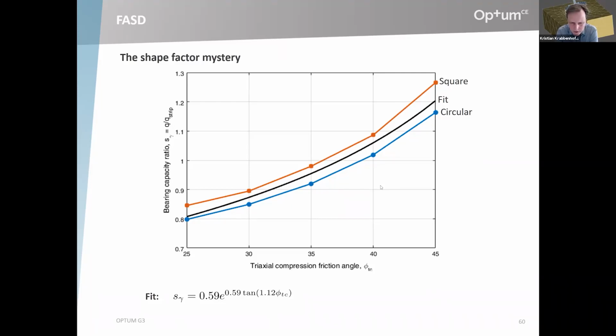The problem with that, of course, is that the Mohr-Coulomb criterion was used. So the Mohr-Coulomb criterion has a constant friction angle. So if you're of the opinion that the shape factors that we operate with in the analytical bearing capacity equations cover two effects, the shape itself and also the fact that the friction angle varies between plane strain and 3D conditions, then these shape factors of Lyman, I'm afraid, don't make that much sense, because the friction angle was constant.